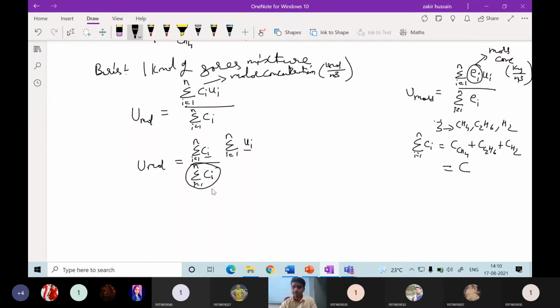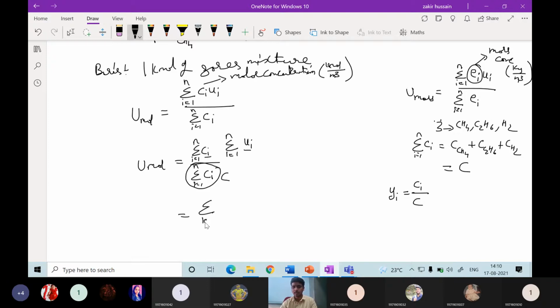Then Ci divided by capital C, we know that one, is the mole fraction. Mole fraction in gas phase is denoted by Y. Mole fraction is individual moles divided by total moles, or individual concentration divided by total concentration. Ci divided by C is nothing but Yi.